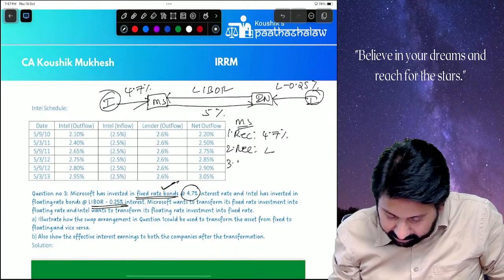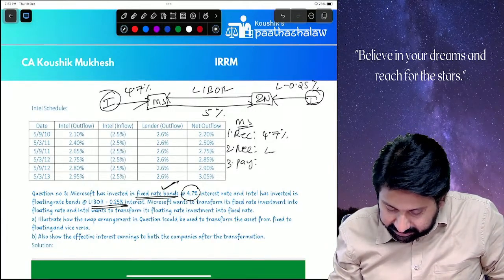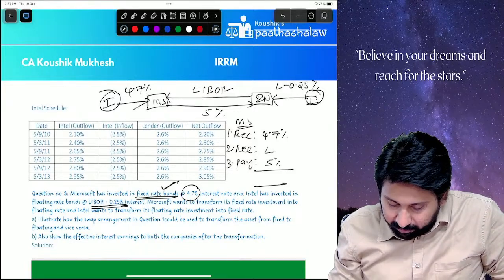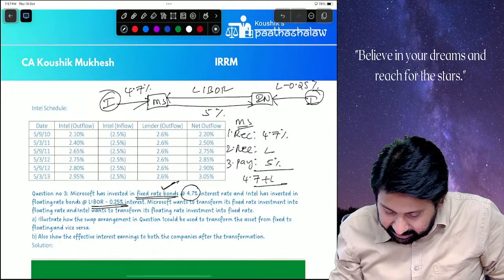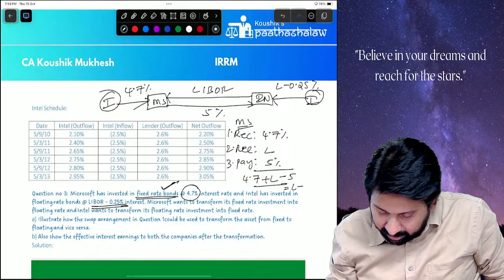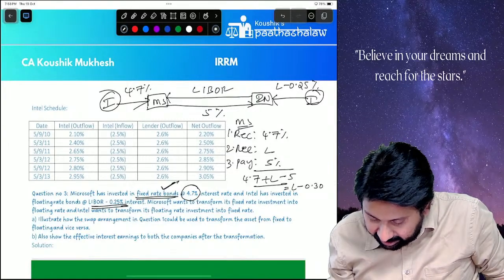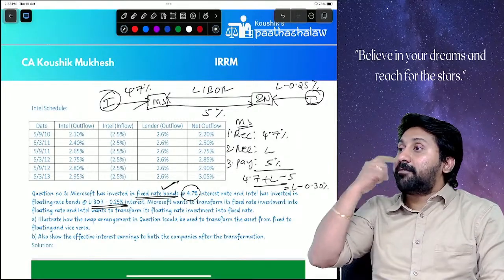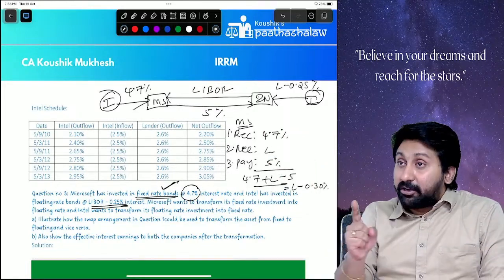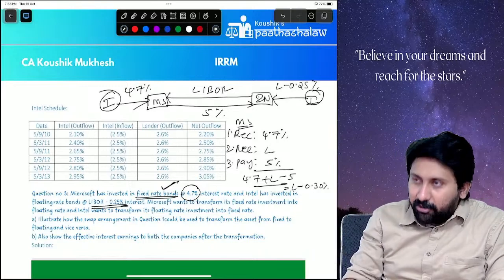Now, number 3, how much am I paying? 5%. Tell me the net: 4.7 plus LIBOR minus 5, which is LIBOR minus 0.3. Now tell me, in which position was Microsoft originally? What did it want? Floating, you changed it now.